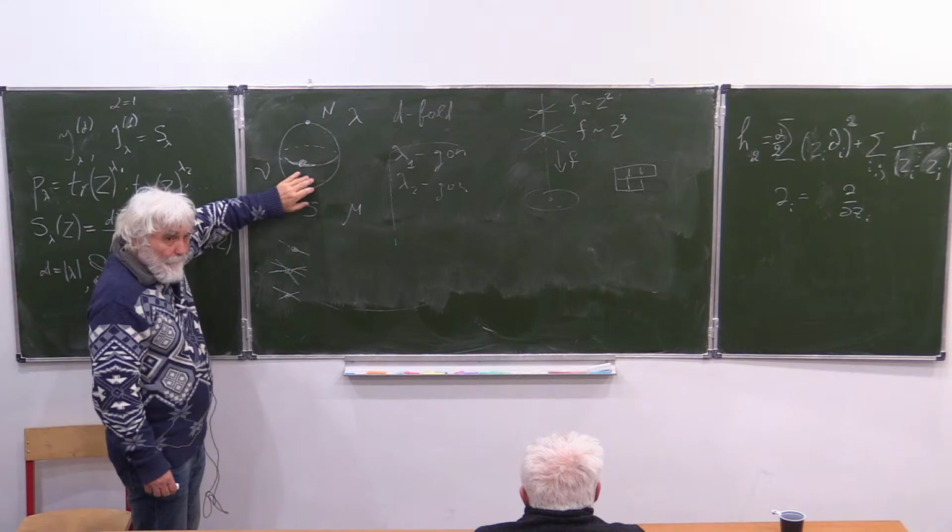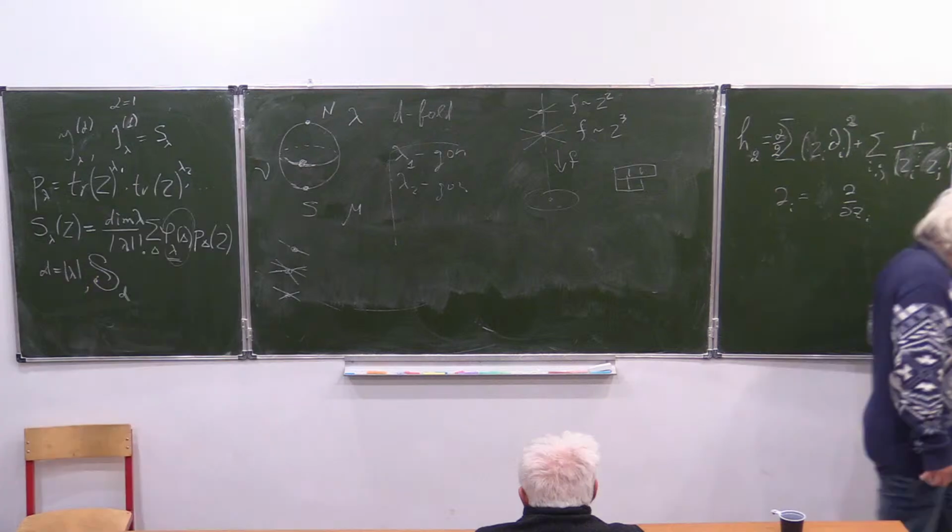And the question: what is the number of different ways to glue this, if these 3 partitions are given? So we have 3 partitions.